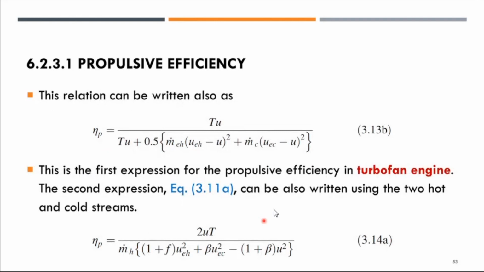This relation can also be written as this expression, right? And this 3.13b is the first expression for the propulsive efficiency in turbofan engine.